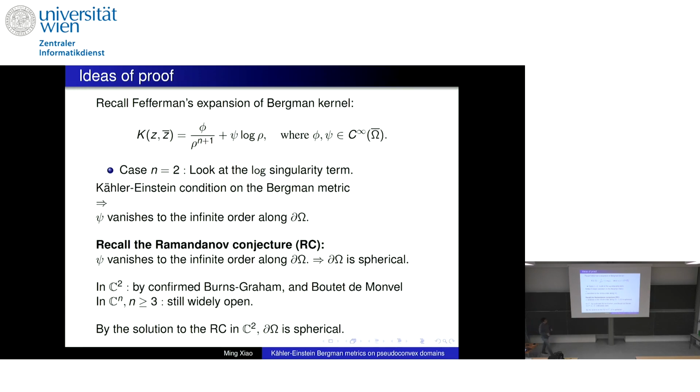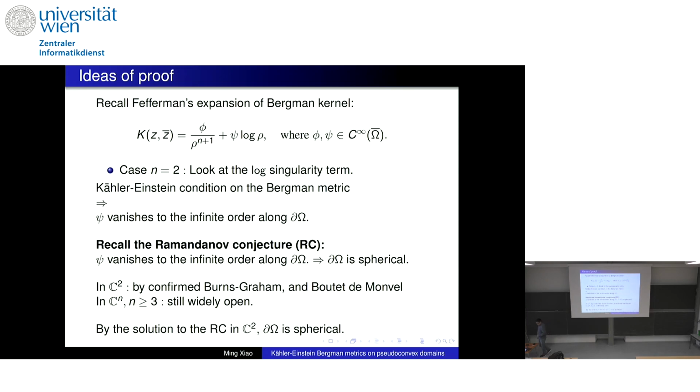And from the Kähler-Einstein condition on the Bergman metric, one can show that this psi vanishes to infinite order along the boundary. And that then leads to the so-called Ramadanov conjecture, which asserts that if this psi, the coefficient in Fefferman's expansion, vanishes to infinite order, then the boundary is spherical.